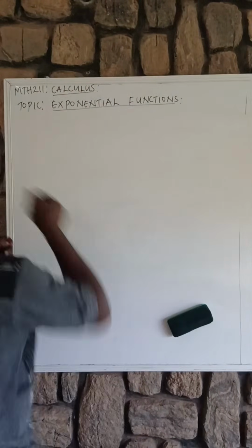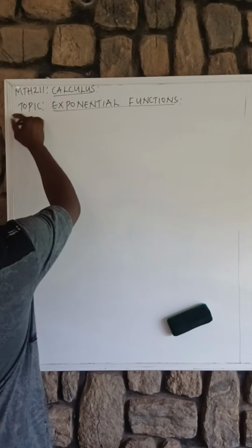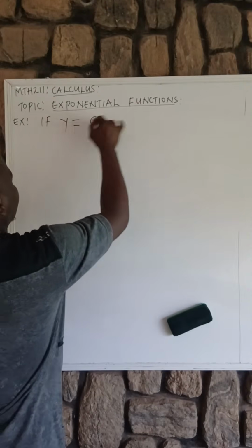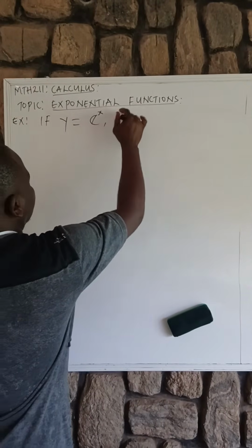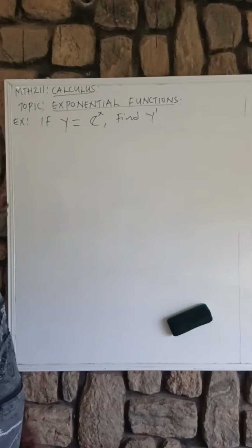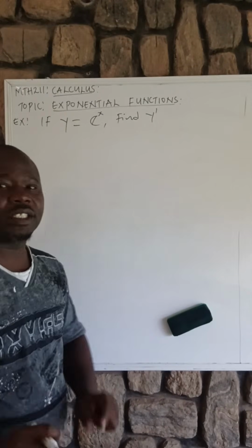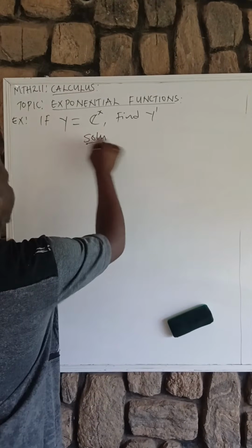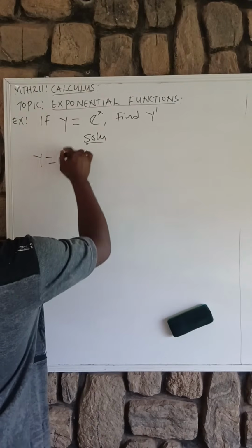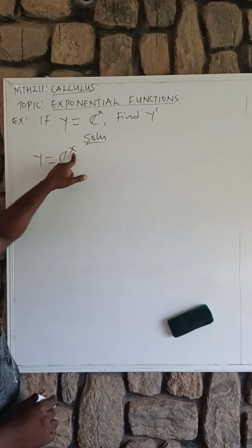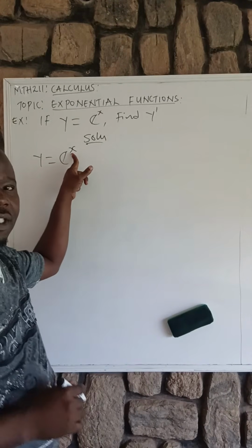Now, assuming you are asked, for example, if y is equal to e^x, find y prime. If we want to differentiate functions of this one, it is as simple as ABC. y is equal to e^x.